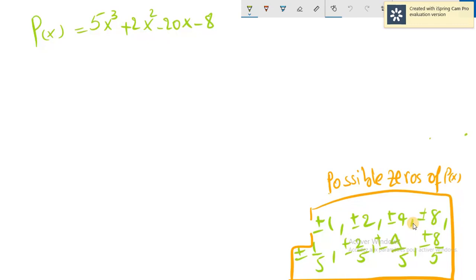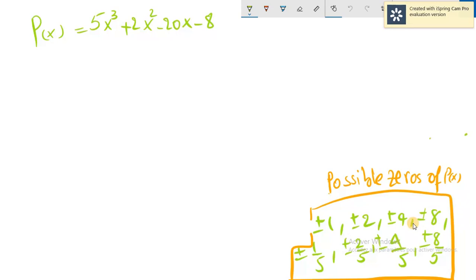Now, which ones of these possible zeros are real zeros of p(x)? To figure out, you need to replace these values of x into p(x). You go through all these values one by one, and you calculate for each of these values to find out which ones are going to cancel out our polynomial function.